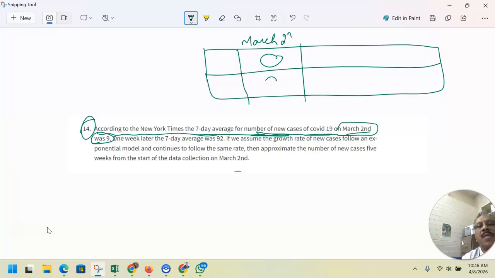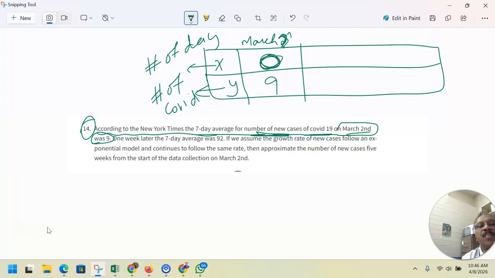So x is the number of days since March 2, and y is the number of COVID cases. When it is March 2nd, it was 9.